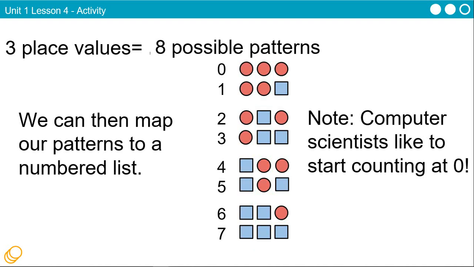And this is making a bit of a sequence, where as we add another place value, we're effectively multiplying by 2. Each time we step up another place value, it just multiplies by 2. So when we have three place values, we can create 8 different patterns, right?